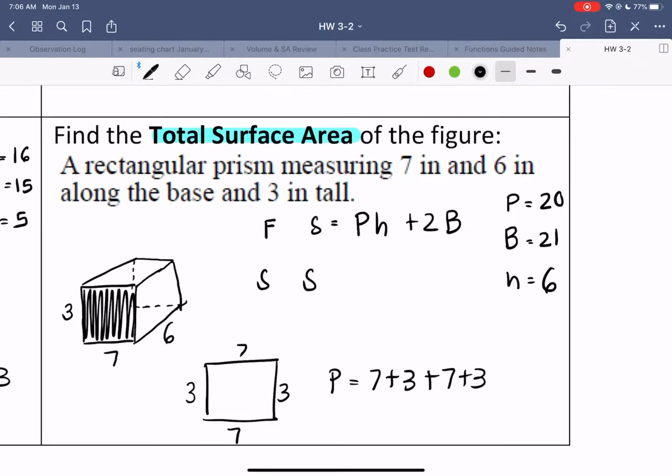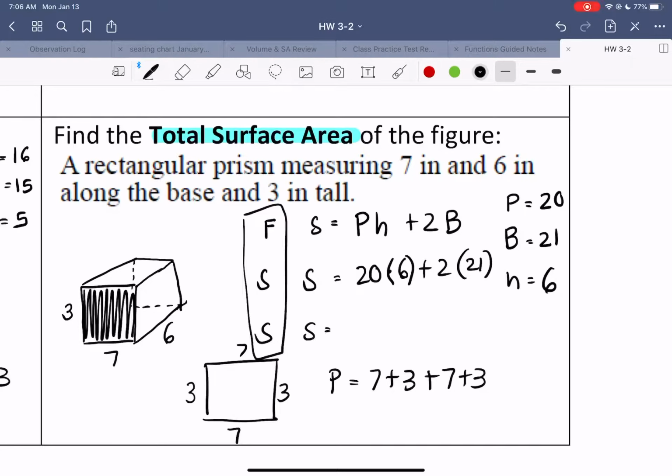So from there, we can have 20 times 6 plus 2 times 21. I'm not being consistent with my parentheses. From there, you should be able to solve that for the surface area, which will leave you with inches, no, it's not cubed, inches squared since we're finding surface area.